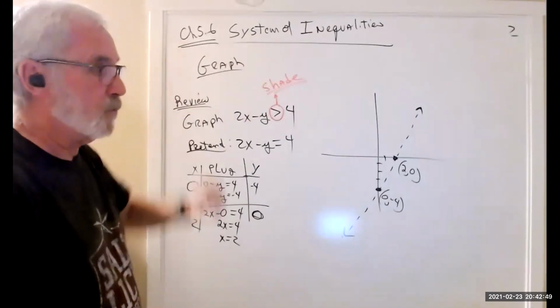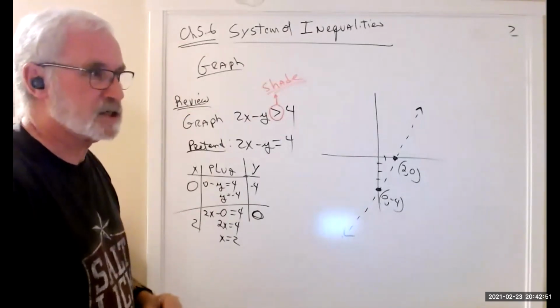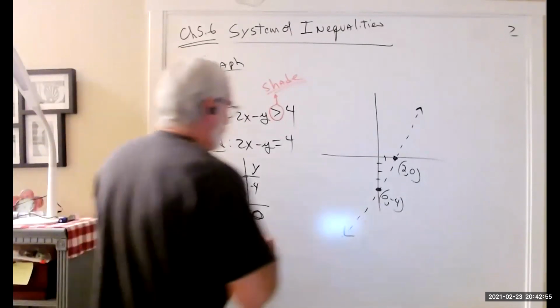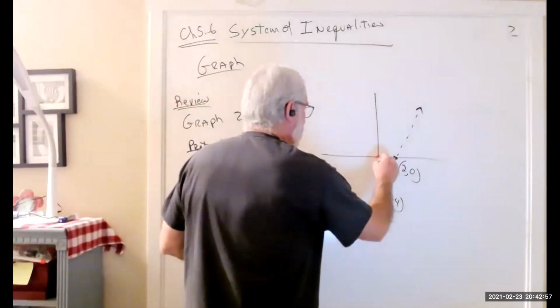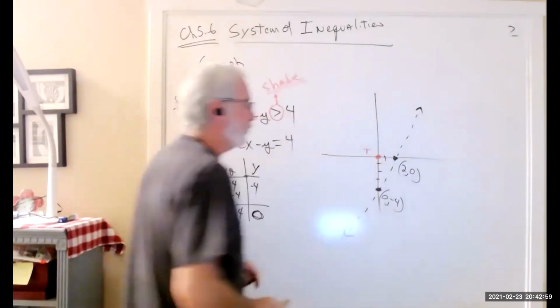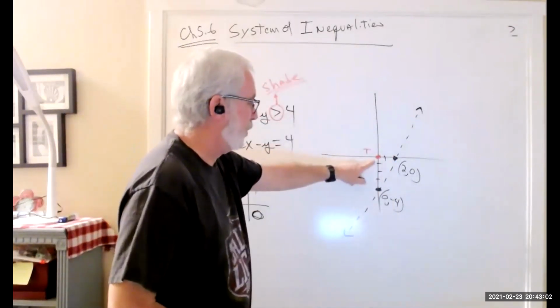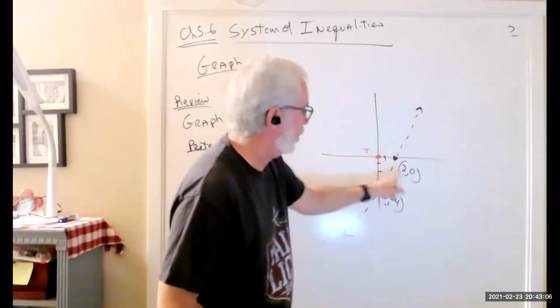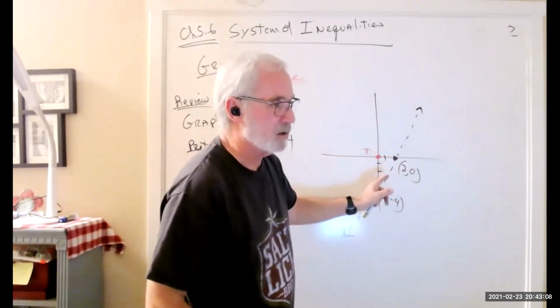The safe way is what we called a test point. The safe way was to create a test point, and the test point usually was 0, 0, but it could be any point that is not actually on the line.